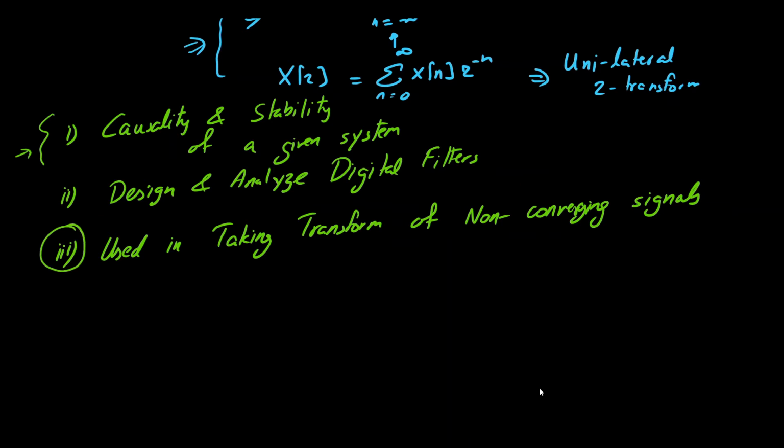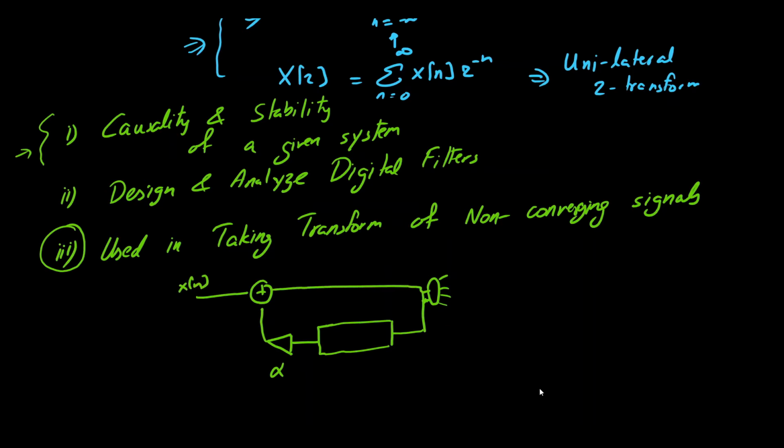Well, let us say we have an output which is a speaker. We are taking a value from the microphone and then multiplying it with a gain, say alpha, and then feeding it back to our input x of n, and then the loop closes, right?